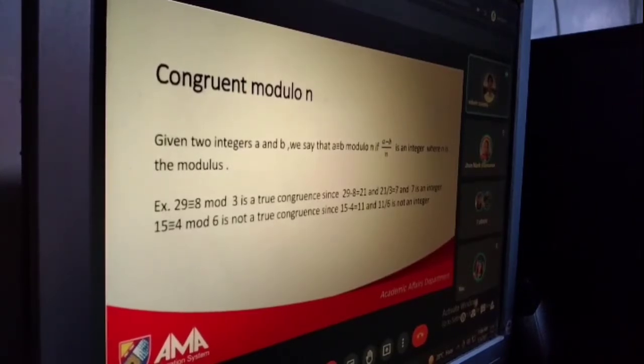Once na ang naging sagot natin dito is an exact number, either a positive or negative integer, we can say that the two integers in the given modular arithmetic are congruent. Naintindihan po? Pero kapag fraction ang lumabas o kaya decimal, hindi po siya congruent. Hindi sila congruent, yung dalawang integers are not congruent with each other. Maliwanag po.